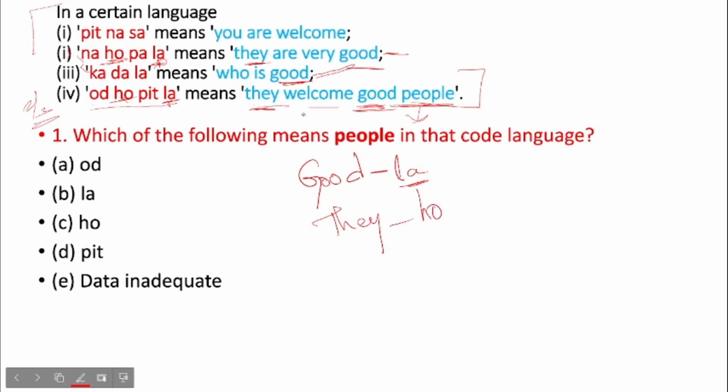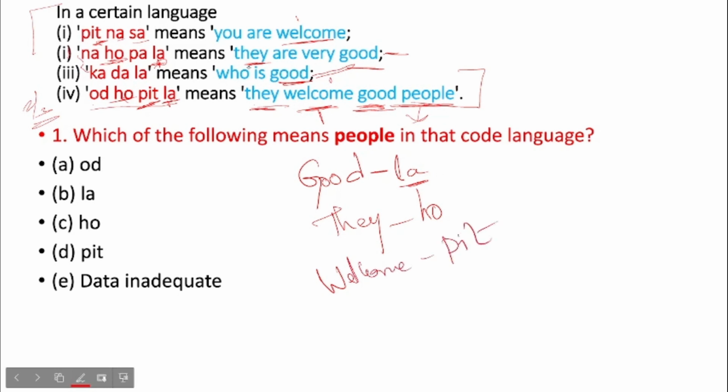And only welcome is left out. Welcome is present in the first statement. So only welcome is a common word between the first and fourth statements. So that's easy, right? PIT is available here, so PIT means welcome.